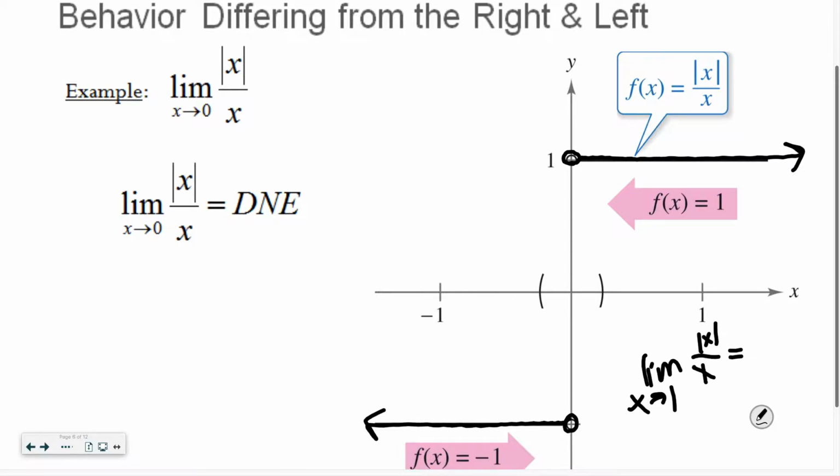It would be 1, because here's x equals 1, so from the right and from the left, our y value is here at 1. If one of those were a closed circle, then there would be a limit? No, because we are still approaching different y values from each side. If they met, that would be good, but they're separated.